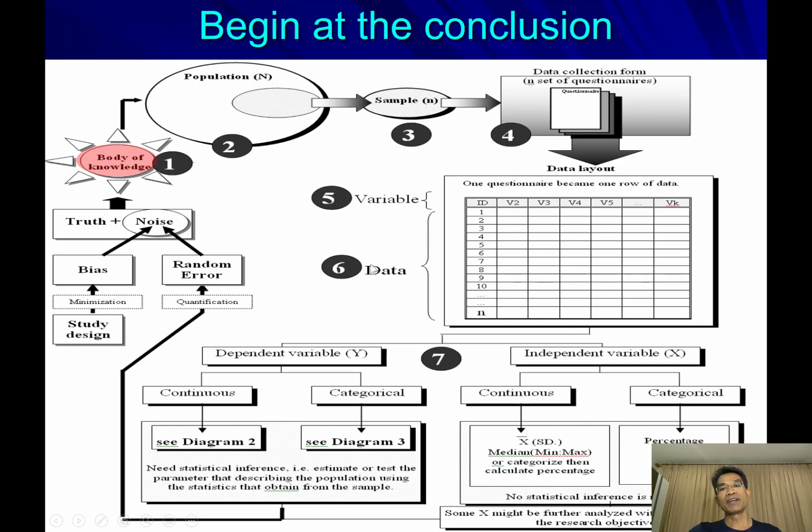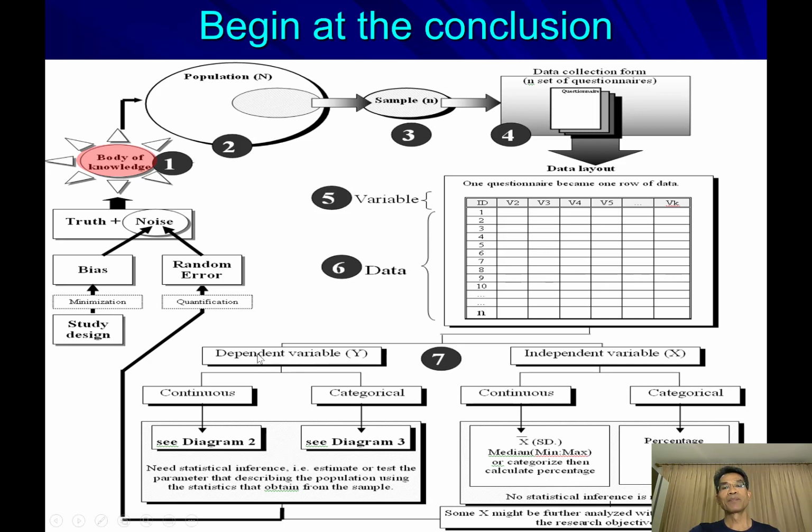So up to here, we need to understand about the data being collected, what are the 2 components of the data.